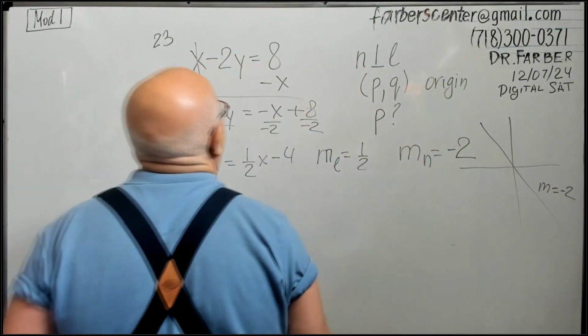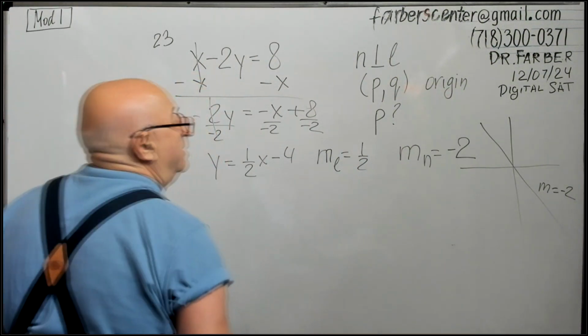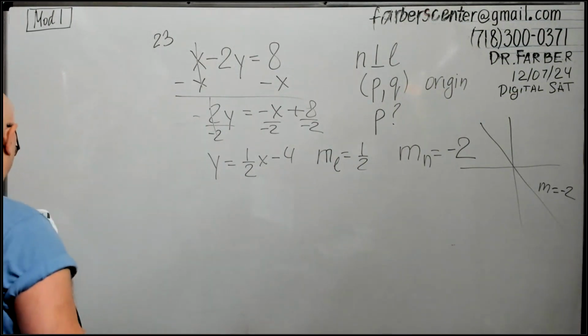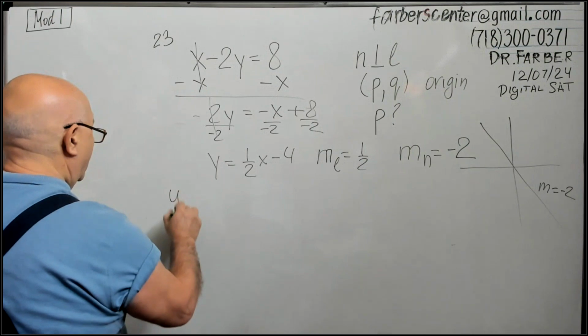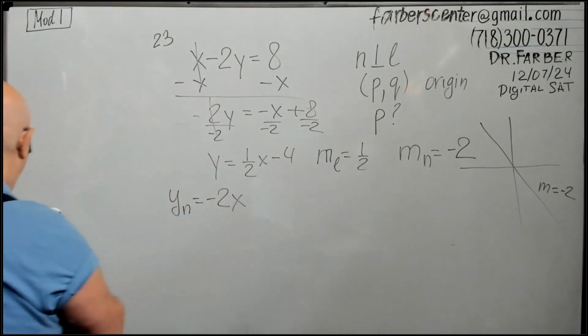So I can write the equation of this line: y of line N equals negative 2x. Good.